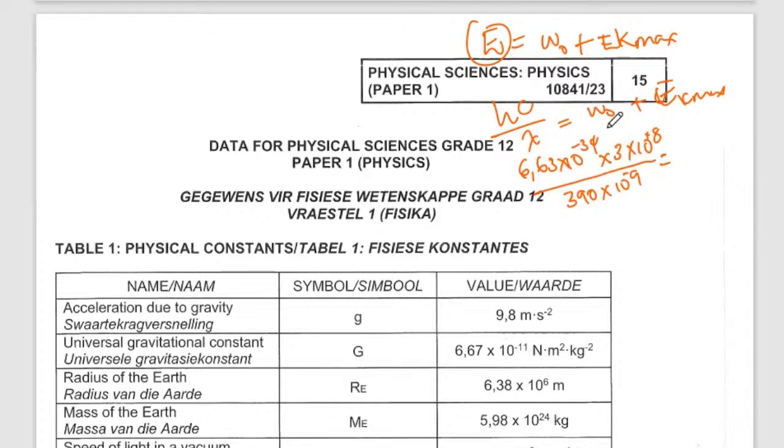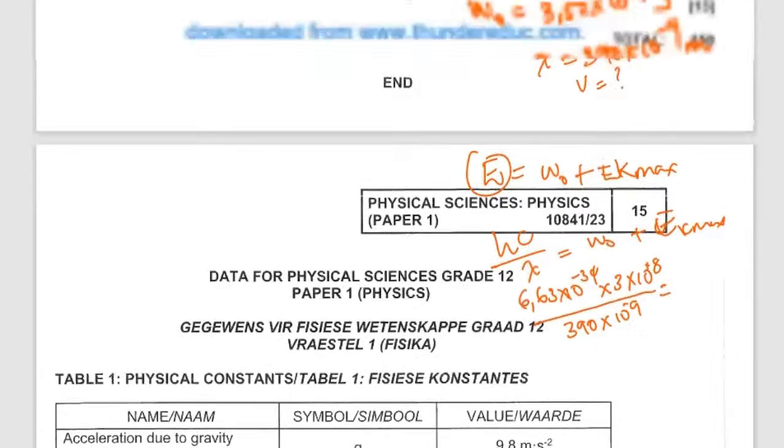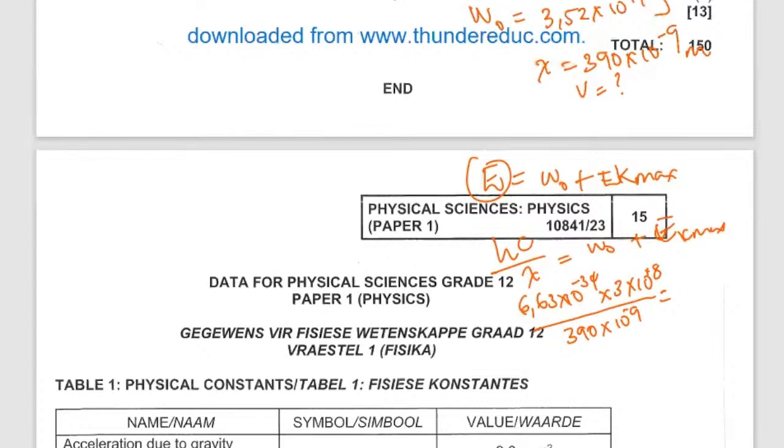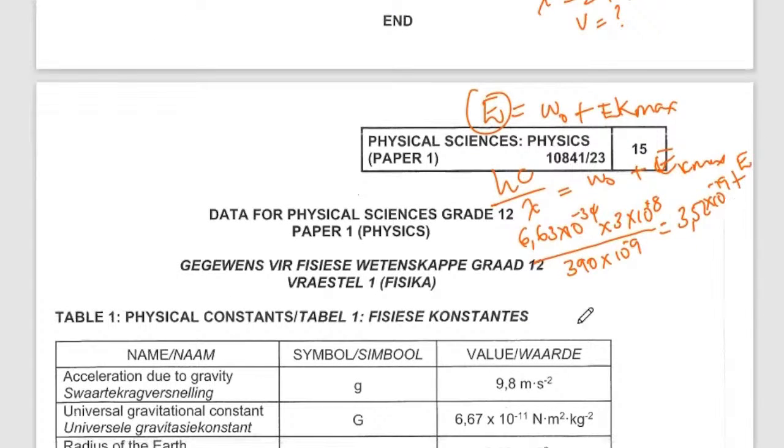This must be equal to the work function that they gave us, 3.52 times 10 to the negative 19, plus my EK max, which I don't know right now, but I'll sort it out. Let me first figure out this and that.